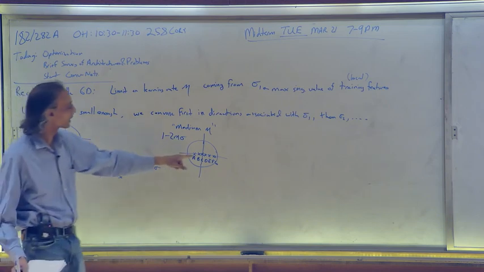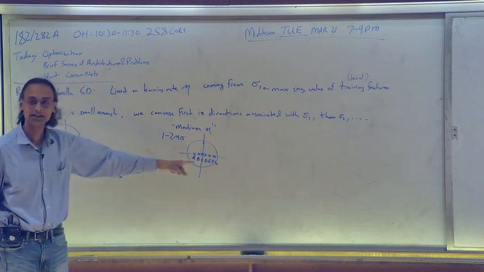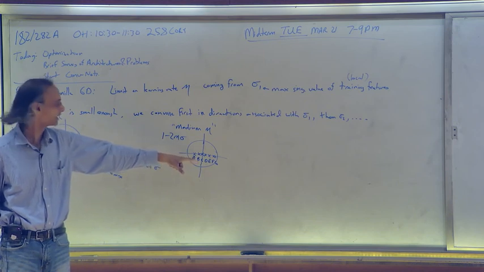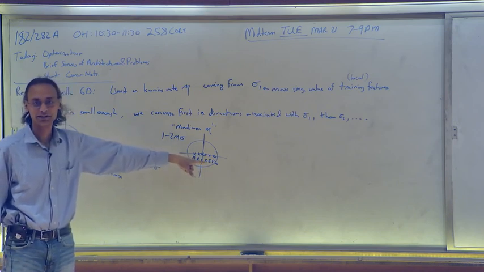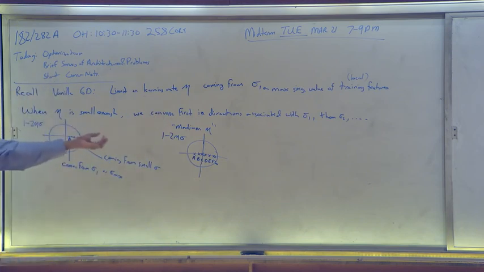How many people vote for A, which comes from sigma 1? B, sigma 2. C, sigma 3. Everyone gets it, right? So what matters is which one is the closest to the center, which one has the fastest convergence.